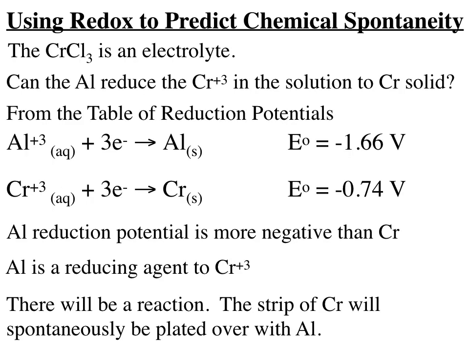Again, I return to the table of reduction potentials. In the table, I find the reduction potential for chromium plus 3. I find the reduction potential for aluminum plus 3. And I note that the reduction potential for aluminum plus 3 is a greater negative than the reduction potential of chromium plus 3.